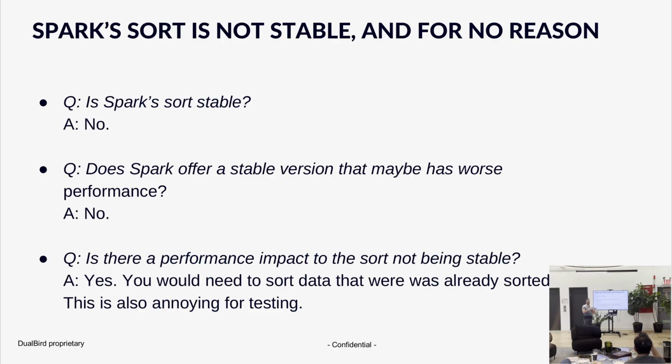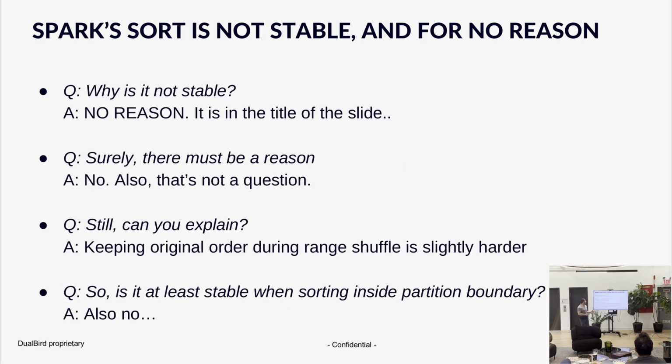It does have actual practical impact, because it means that the query compiler in Spark cannot assume stable sort, which means that data in some cases might have to be resorted, even if it was already sorted on some dimension. And it gets even more annoying during testing because you can't count on the determinism that stable sort gets you.